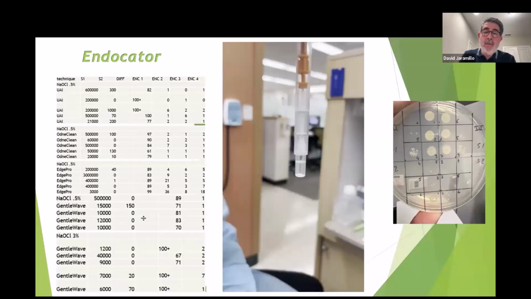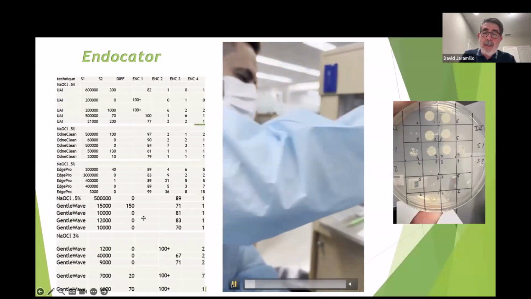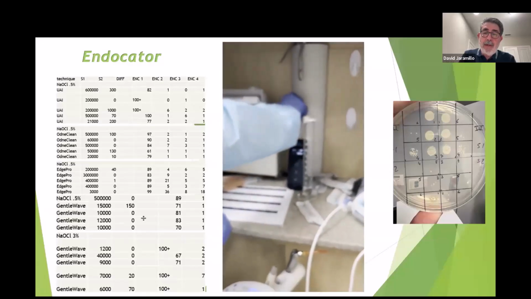Then we wet this swab with that water. We introduce it into the test tube, and we break the membrane that mixes the powder and the water and picks up whatever is here. And then you take it into the EndoActivator.